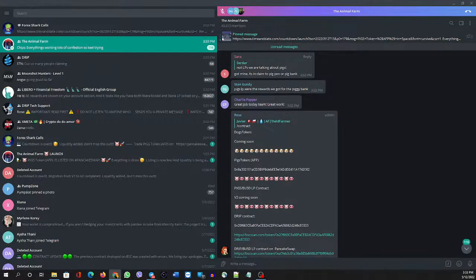What people could be referring to is when we unpaused the piggy bank to allow people to withdraw Pig BUSD LP tokens from the piggy bank to send them into the contract. Of course, you're not going to get credited to your wallet and the piggy bank. If you had LP tokens in the piggy bank, that's where you were credited.